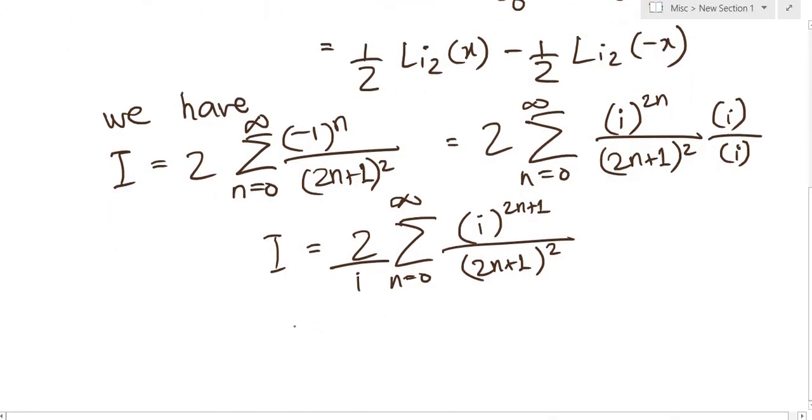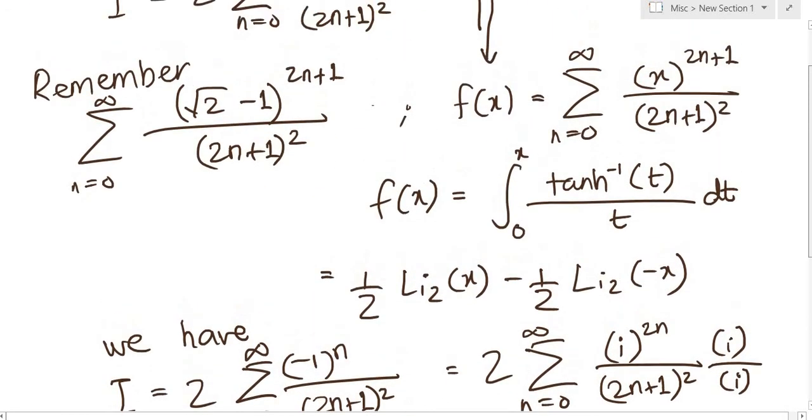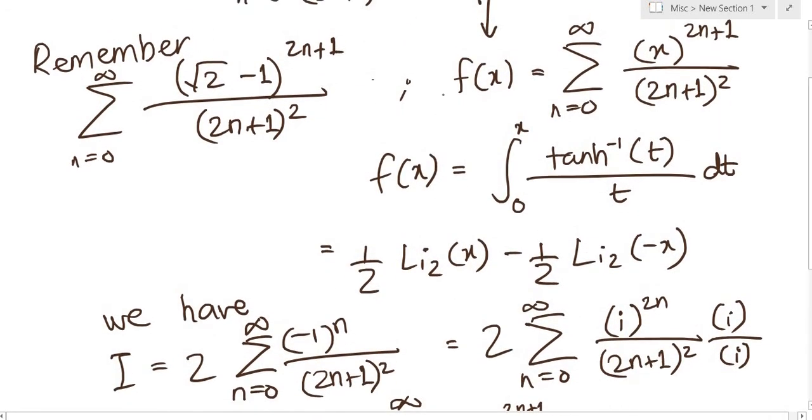Great, now we can convert this into one of these dilogarithm forms, because we have directly established the relationship over here.